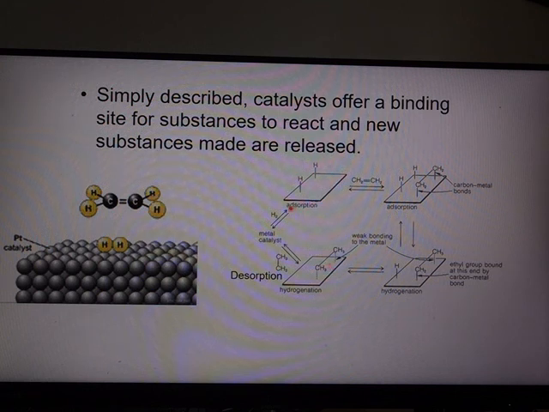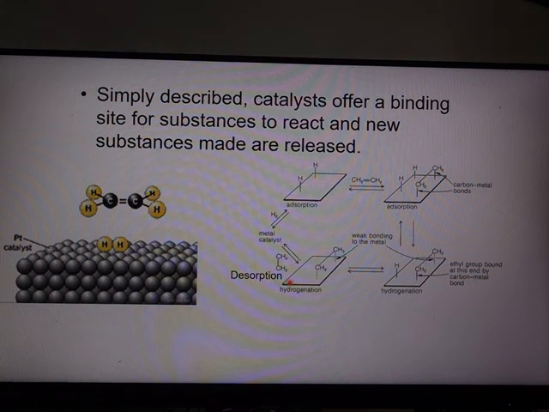So that's called adsorption, and that's called desorption. So that's the simplistic way of showing how solid catalysts, or heterogeneous catalysis, work in this case.